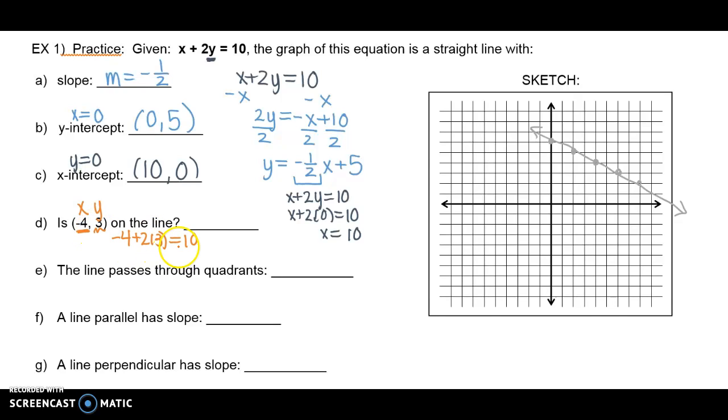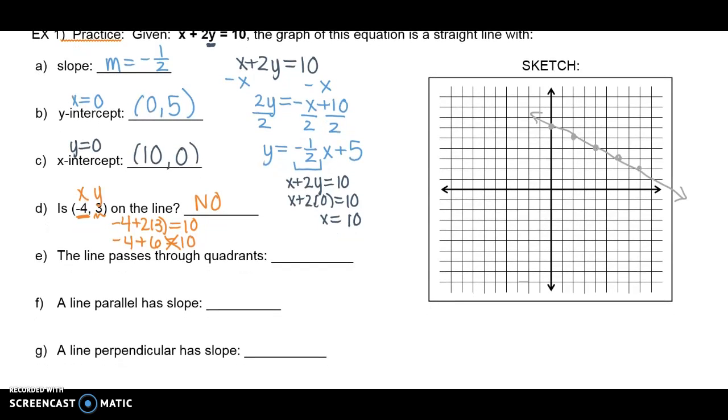If the left is equal to the right, then yes, that point satisfies that function. And when we simplify this, negative 4 plus 6, well, unfortunately, that does not equal 10. So no, that point is not on the line. And if you even looked at your sketch on the right-hand side, you'll see that that doesn't work.